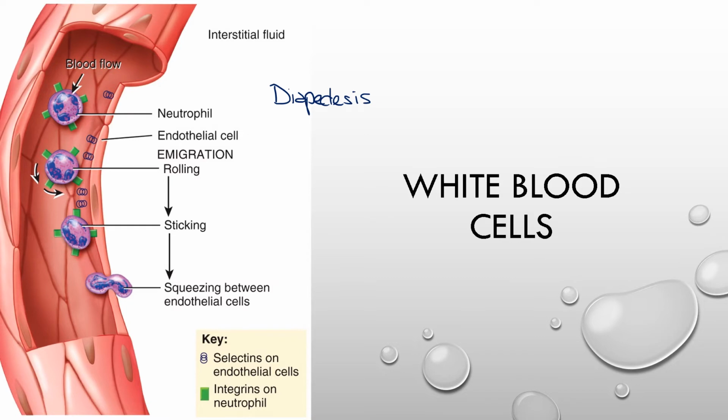Remember, that's also known as emigration. During diapedesis, the white blood cells will roll along the endothelium. They will stick to it, and then they squeeze between those endothelial cells. The precise signals that stimulate emigration through a particular blood vessel will vary for the different types of white blood cells.